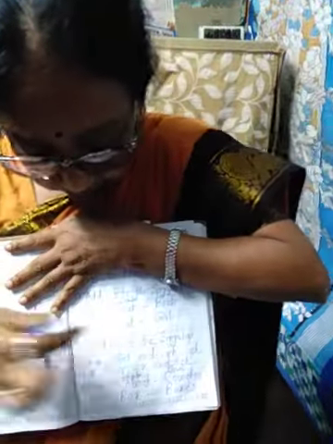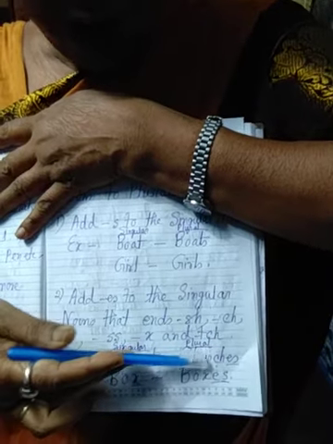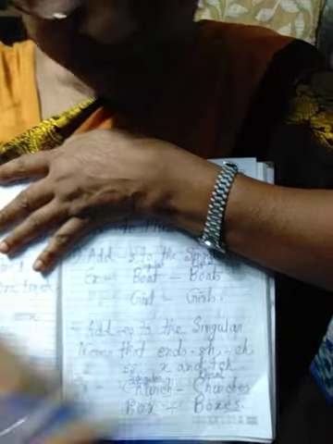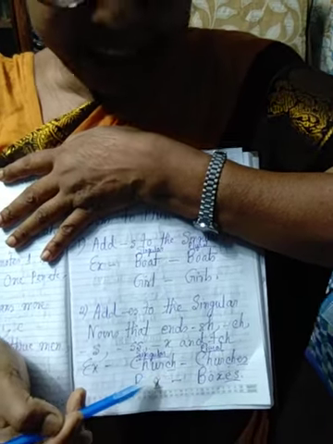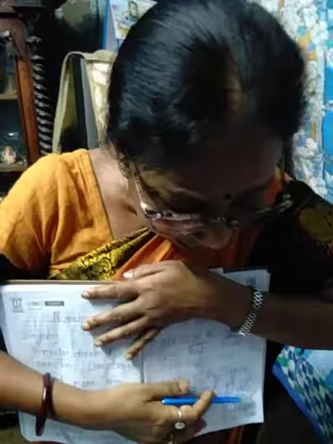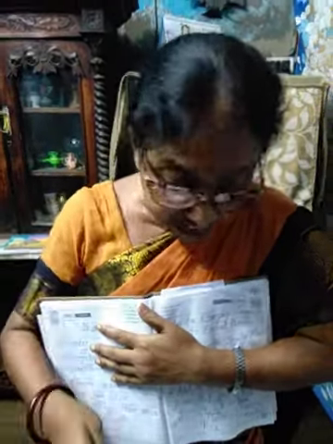Church, C-H-U-R-C-H, ends with C-H, so churches. Box, B-O-X, boxes. Dress, D-R-E-S-S, dresses, double S, E-S.